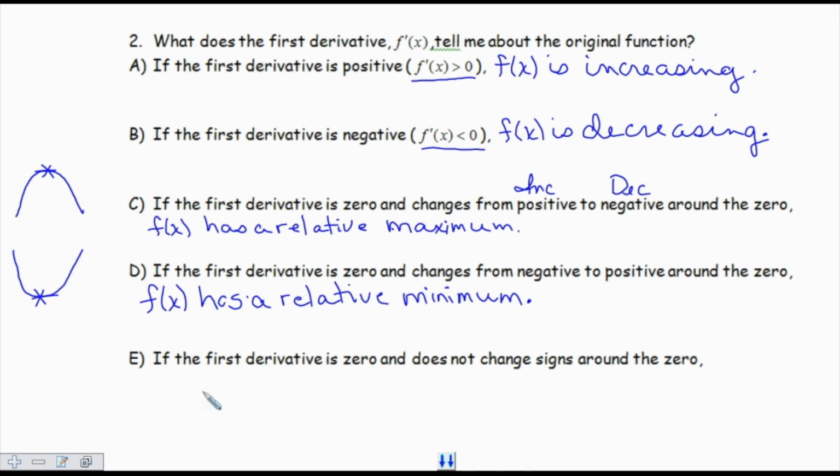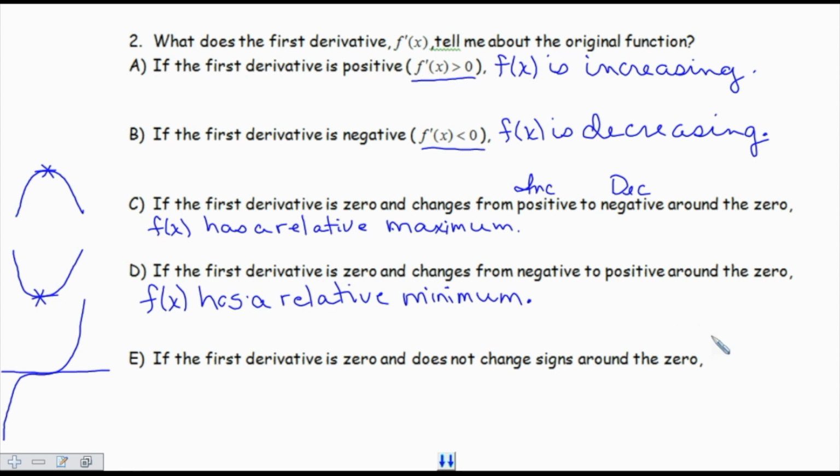That helps a lot. Then in E it says, well, what happens if the first derivative is 0 but does not change signs around the 0? So let's look at an example of that. So let's say I'm increasing and then get a 0 slope and then increase, like an x cubed. Then there would be kind of a 0 slope right there, but it would increase throughout. It wouldn't change signs.